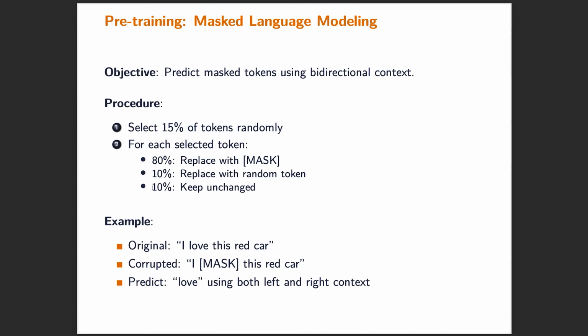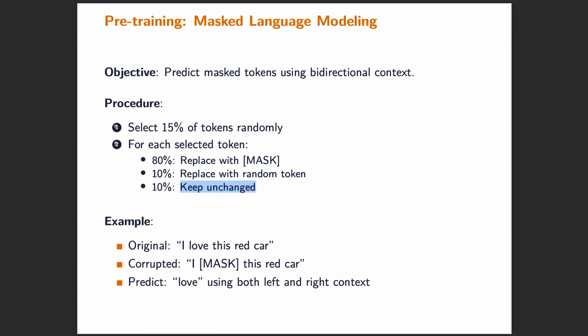So now the question is why we keep 10% unchanged. The reason is that this is a way of balancing out the 10% wrong tokens. Because otherwise, if we didn't have this and had only the random tokens, the model would learn the bias that any non-mask token that I'm asked to predict is probably wrong. But by keeping these unchanged tokens, we force the model to use the context to confirm if the word is correct.